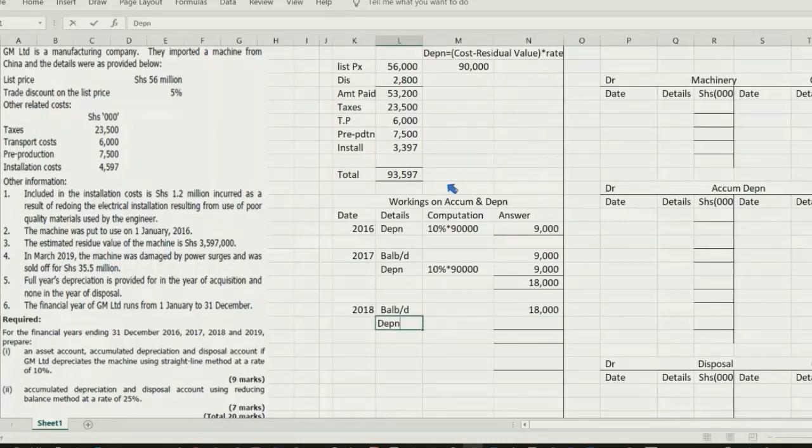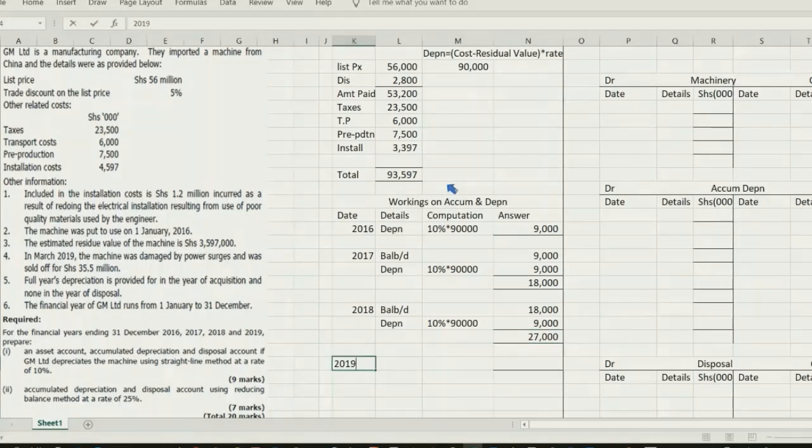And remember, for each year we have to compute its depreciation value, which will be 9,000 again, since it's the straight line method that is being used, giving us 9,000. And also our opening balance at the start of 2019 will be 27,000.